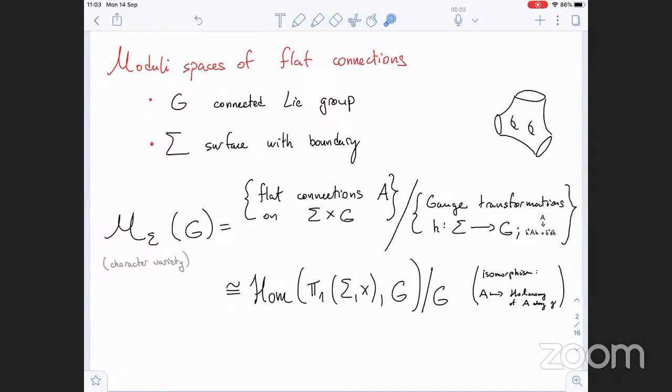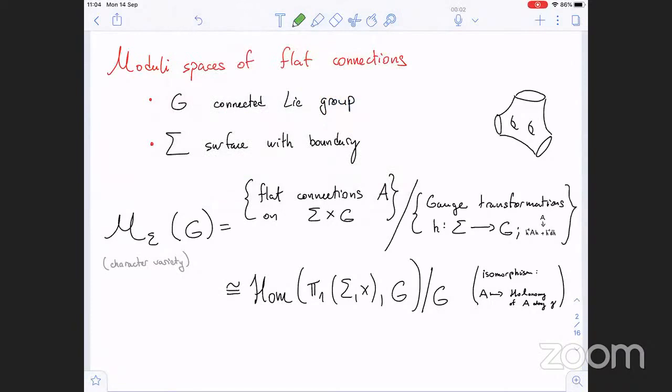And there is an equivalent description of this space, which I think is what people mean when they say character variety, but these two are the same. This other description is: you look at group homomorphisms from the fundamental group of the surface to your group G. You choose a base point, and then you mod out by G. So let me write how G acts.